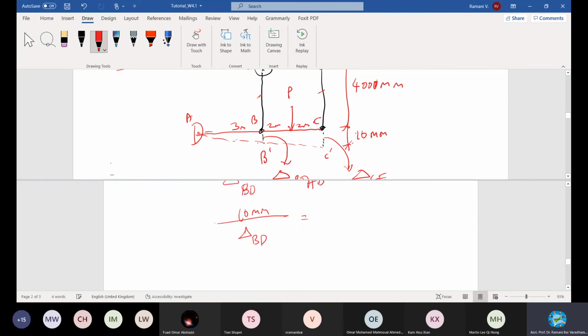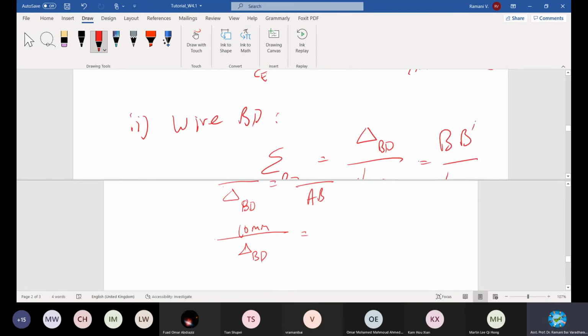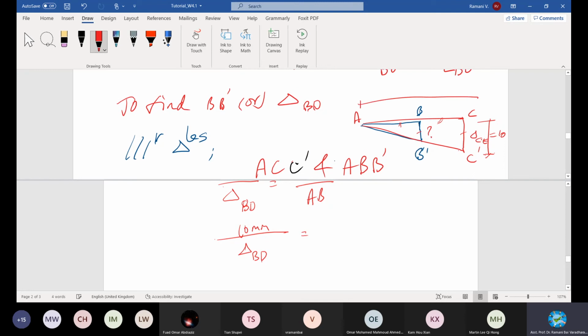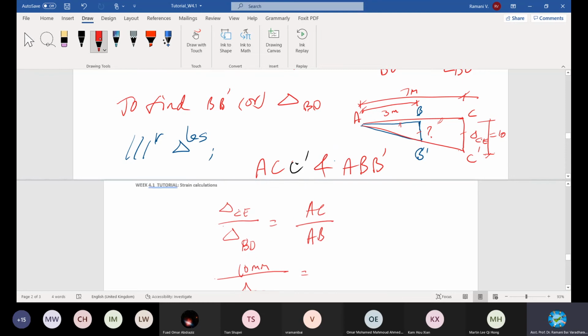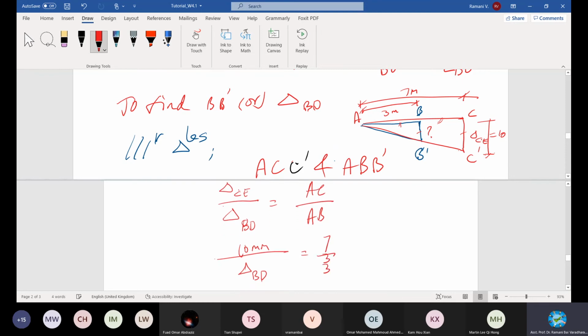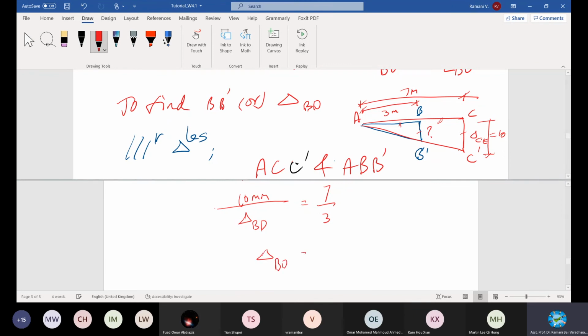So I can write the distances like this: this distance is totally 2 plus 2 plus 3, that is 7 meter, and this distance is 3 meter. So I compare this value: my AC is 7 over AB is 3. Now find the unknown. Delta BD goes up, you end up with 10 times 3 over 7, correct? What is the answer?